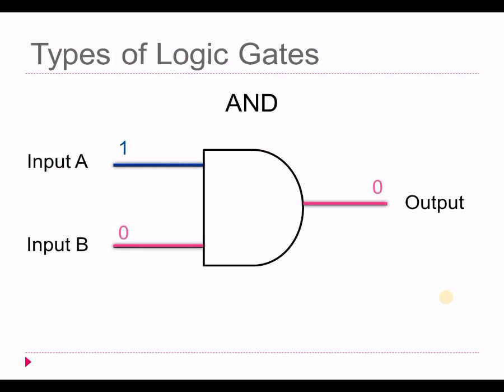If we swap the inputs around so input A is high and input B is 0, again we get a 0 coming out. But if both inputs are high, we have a high output. Or in other words, if two 1s go in, there's a 1 at the output.